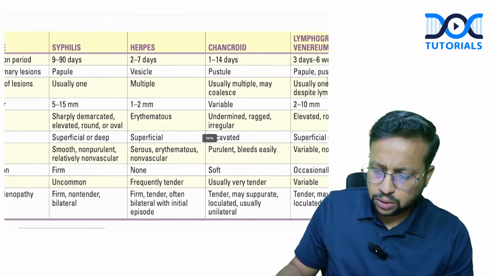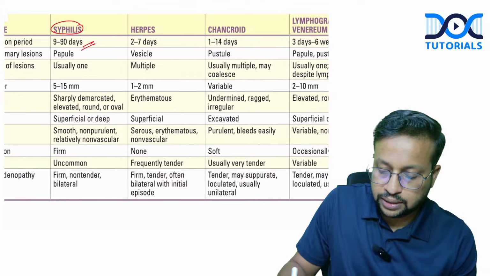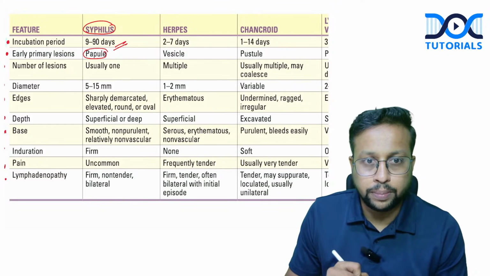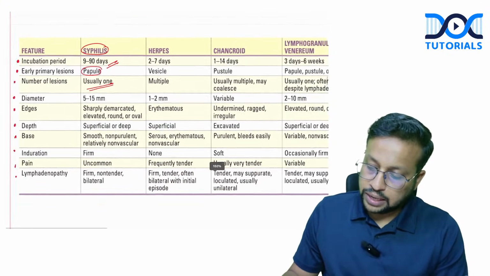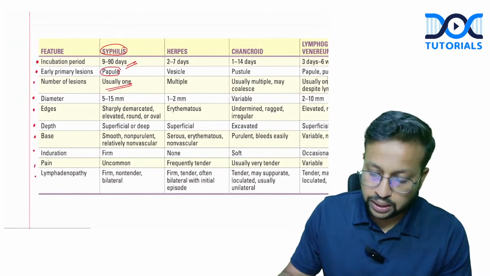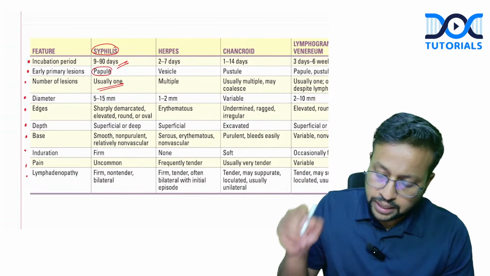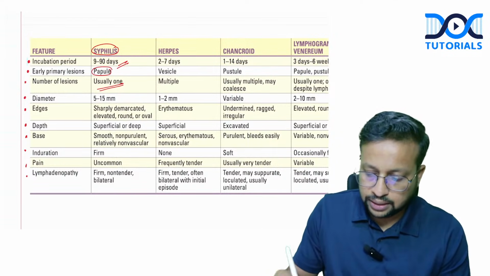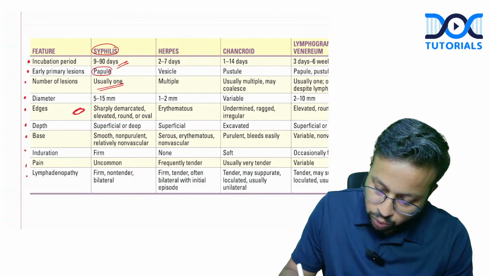Now, I'm not going to discuss all of them, but most important will be if you look at syphilis alone, the incubation period is 9 to 90 days. It initially starts as a small papule, which may be even missed. Usually, it's a single lesion for syphilis, but most of the other infections can have multiple lesions. It's 5 to 15 millimeters in size. The typical characteristic of a syphilitic ulcer is it's very sharply demarcated, like a punched out ulcer.